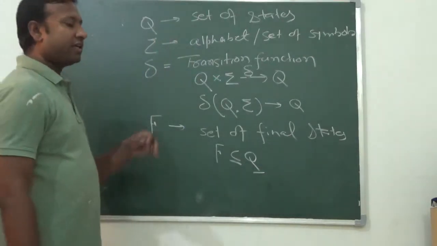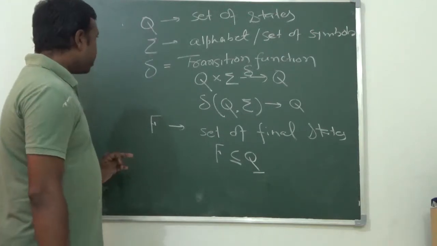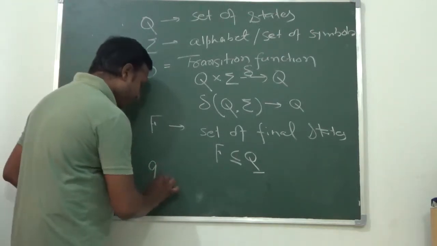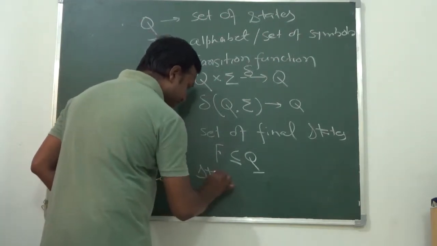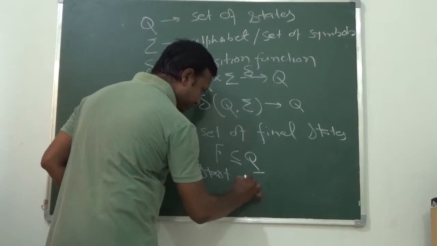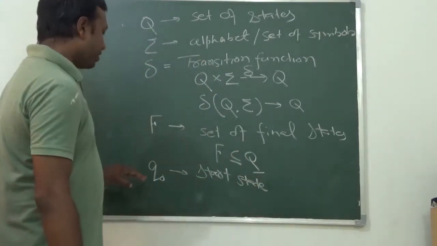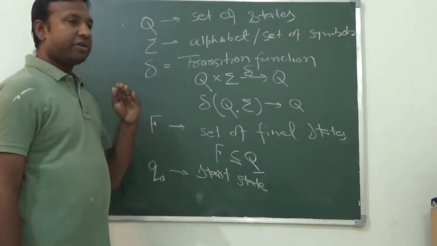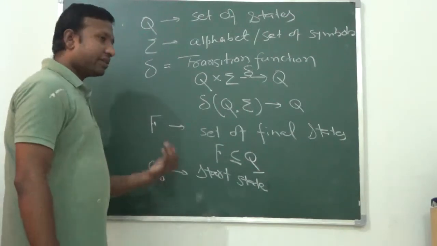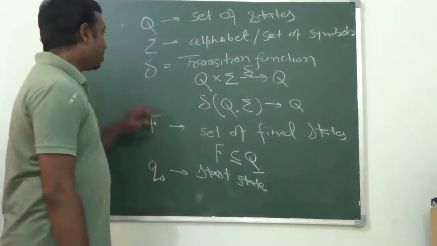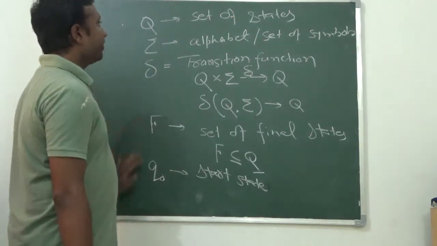It's not another set, it is a part of this Q. Next one is q0, and this stands for start state. So there is only one start state. Start state means from where your computation starts, at which particular point you will start the computation. So this is the meaning of each and every symbol.